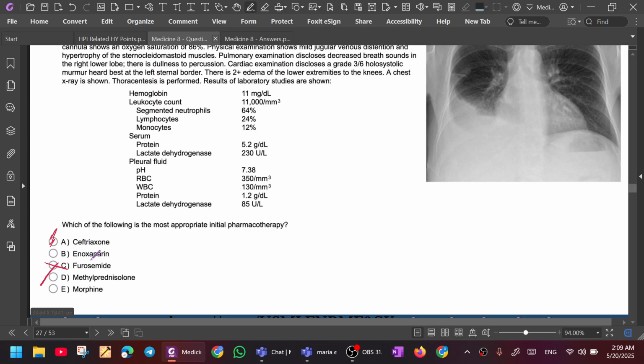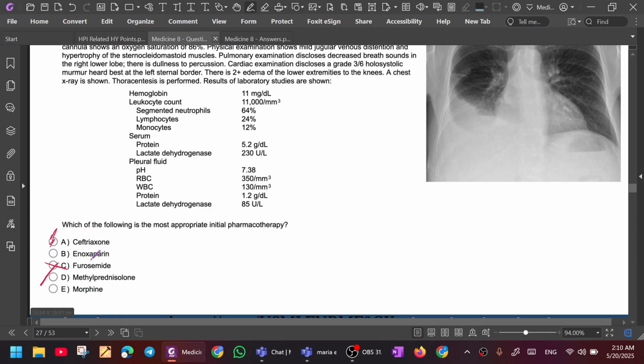Pleural effusions are categorized into exudative and transudative effusions based on the Light criteria, which assess three ratios. Whether pleural protein to serum protein is greater than 0.5, pleural LDH to serum LDH is greater than 0.6, or pleural LDH is greater than two-thirds of the upper limit of normal for serum LDH.